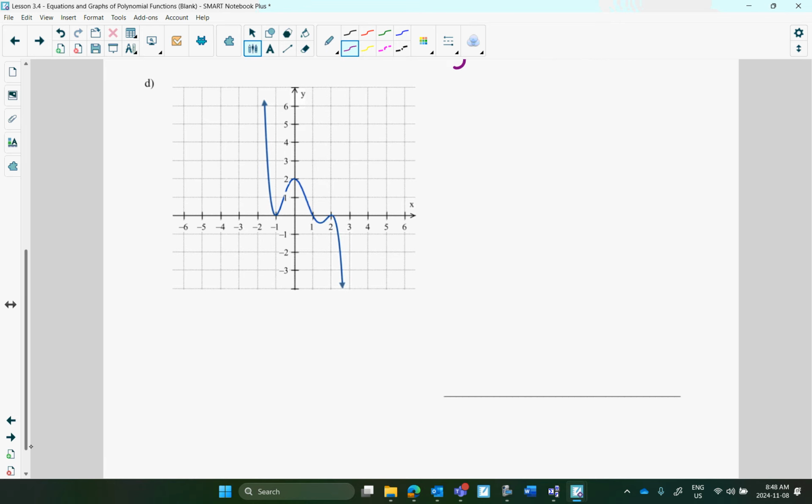This one. Looks like x plus 1 squared, because it bounces there. x minus 1, because it goes through. x minus 2 squared.